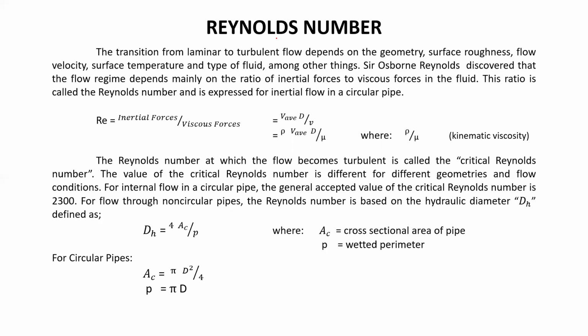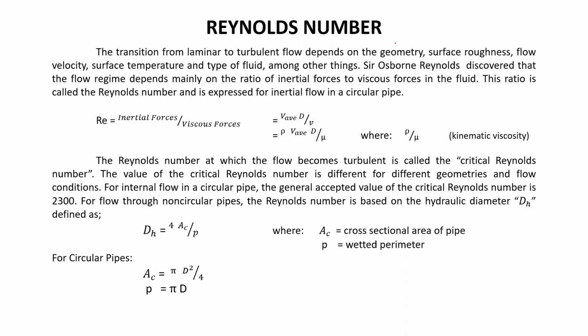So, i-expand pa natin itong formula na ito. So, we have the average velocity times the diameter over the kinematic viscosity. Okay, so next is another formula niya in terms of kinematic viscosity.